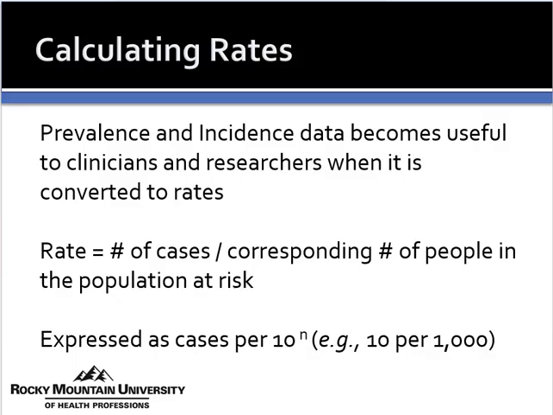When we look at calculating rates, prevalence and incidence data really become useful to us when they're converted to rates. Again, that rate being the number of cases divided by the corresponding number of people in the population at risk, and it's expressed as cases per 10 to the nth power.